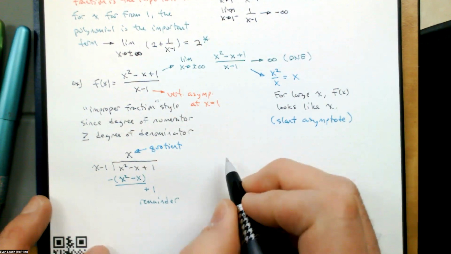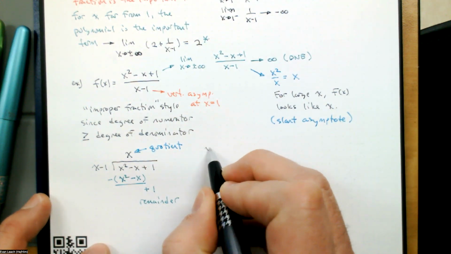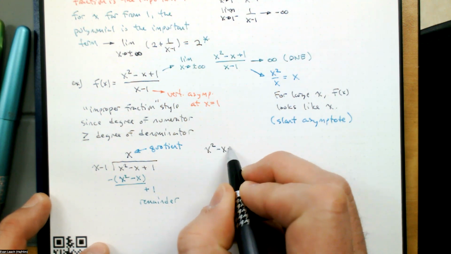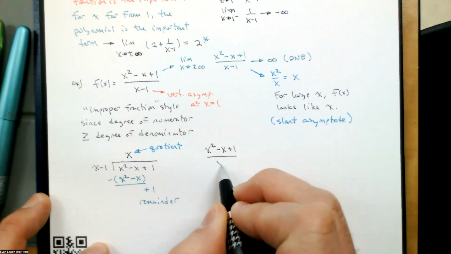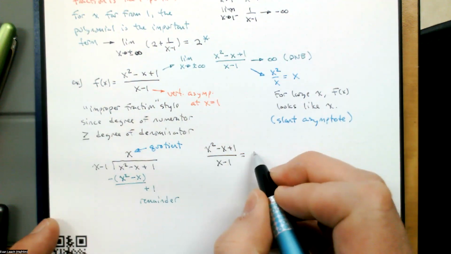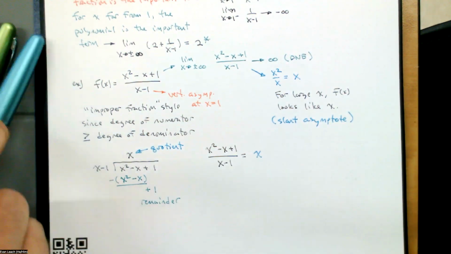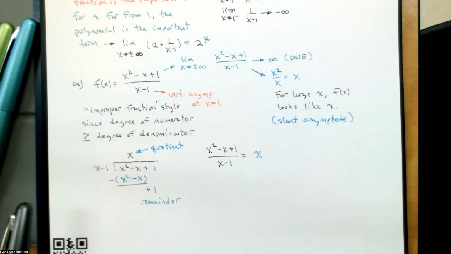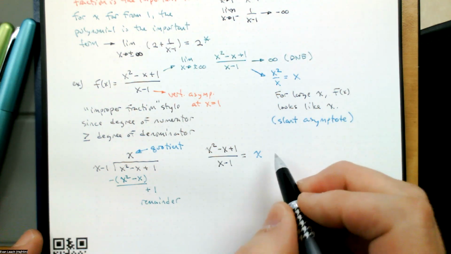So what this tells us is that x squared minus x plus 1 over x minus 1 looks like x plus 1 over x minus 1.